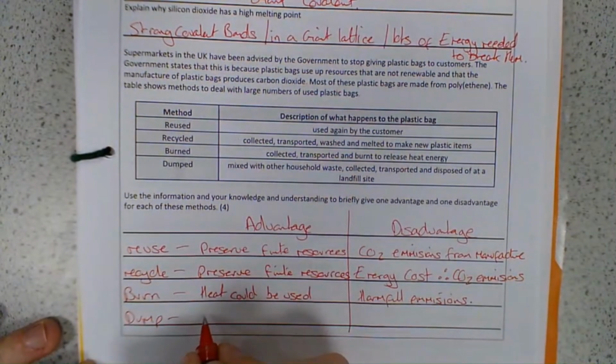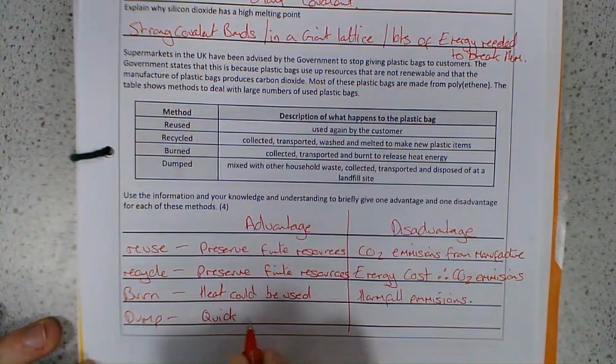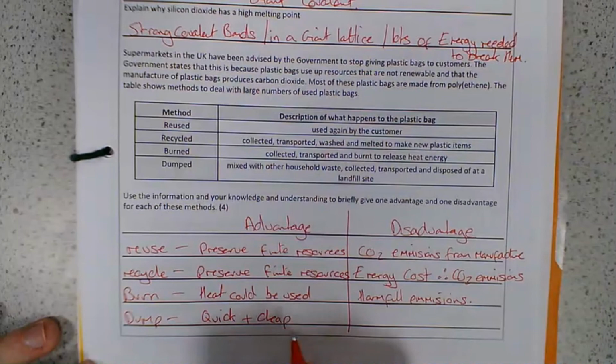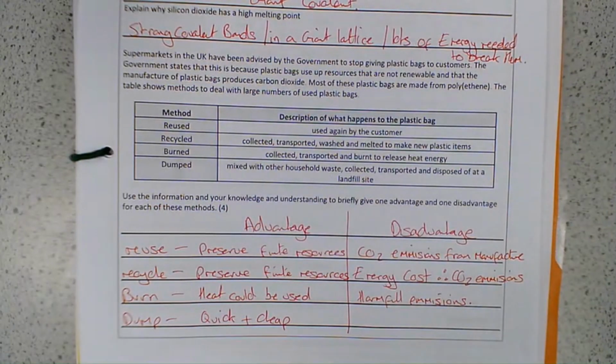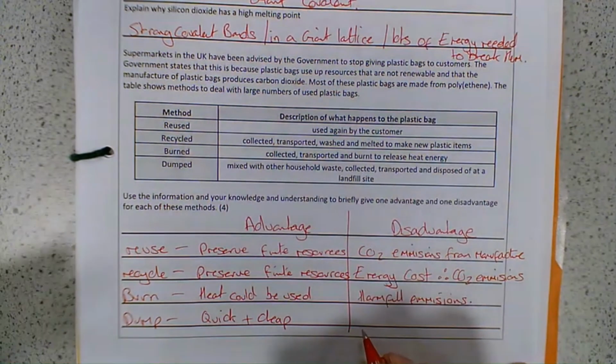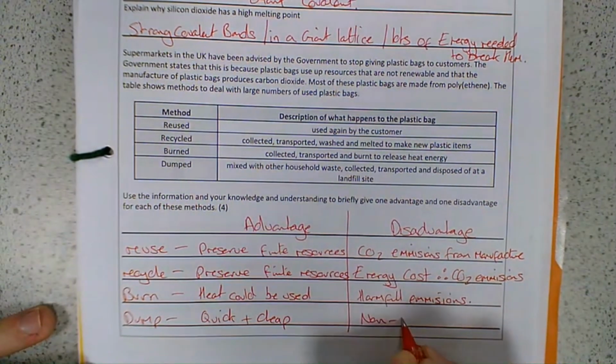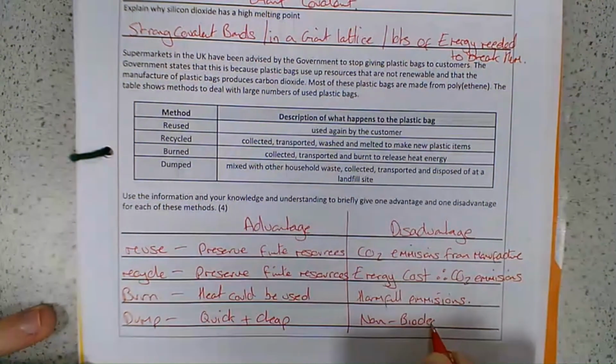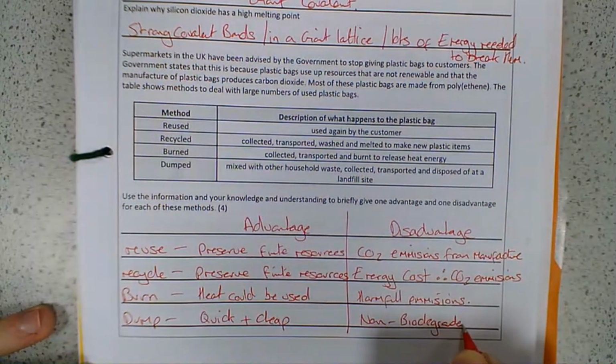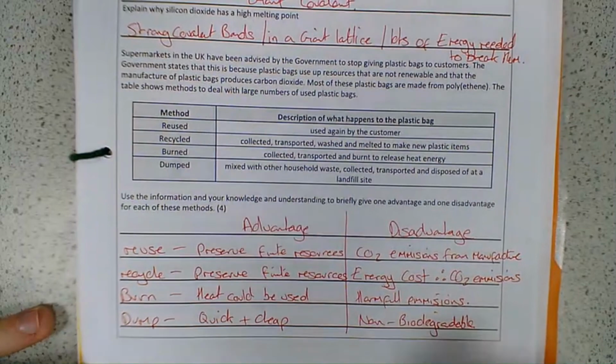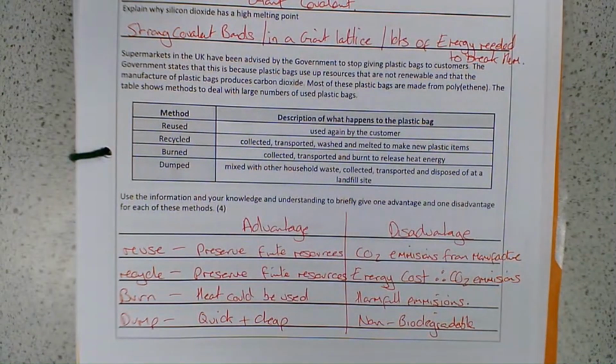Well, the advantage is that it's quick and cheap. It doesn't have to be sorted, it can be mixed in with all the other household waste, so no additional requirements. However, it's non-biodegradable. So it will just stay in the landfill and wouldn't actually break down.